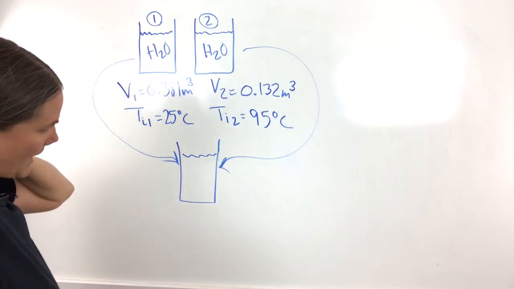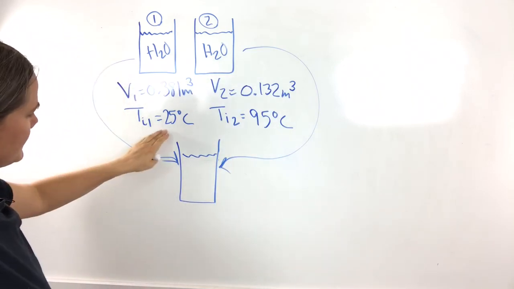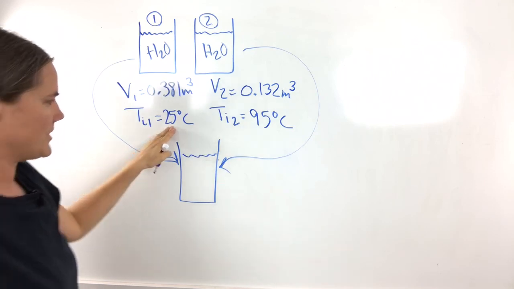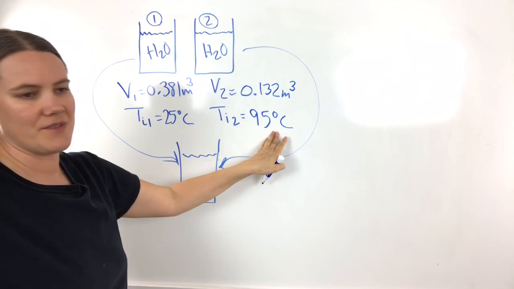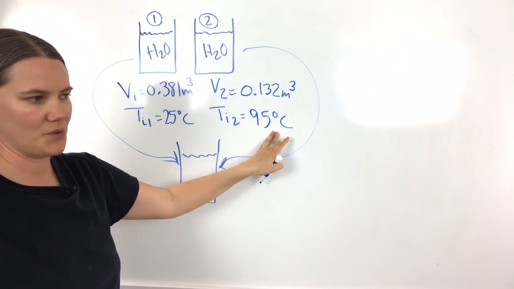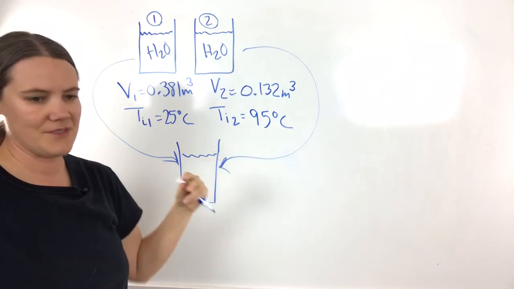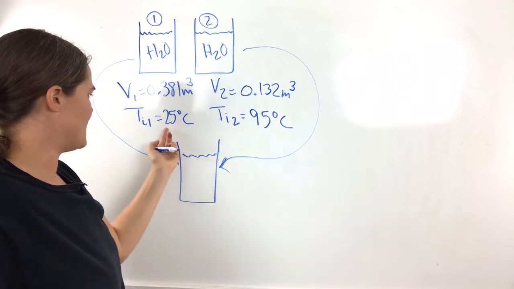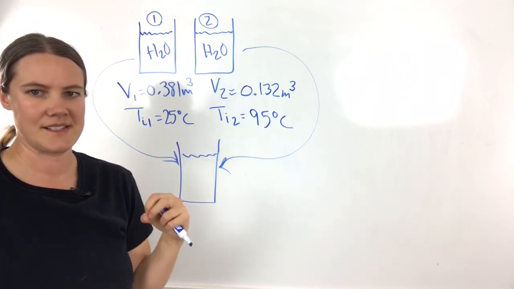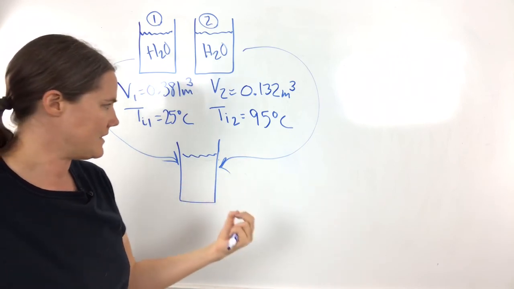The water at 25 degrees Celsius is going to warm up, and the water at 95 degrees Celsius is going to cool off. So the hot water is going to lose heat, and the cooler water is going to gain heat.